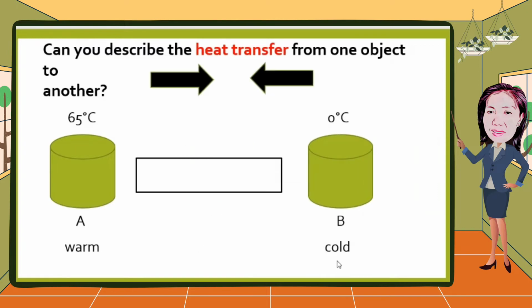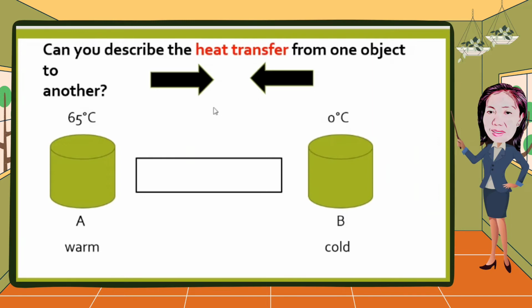Okay, this one. From object A, which is 65 degrees Celsius, and object B with 0 degrees Celsius, what do you think is the correct direction of heat transfer? Is it to the right or to the left?